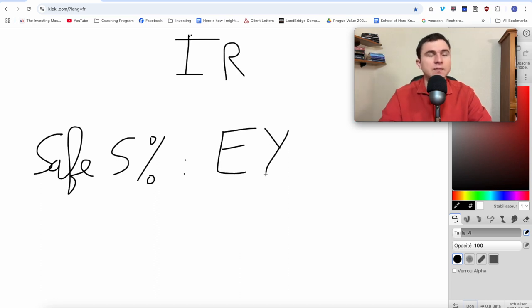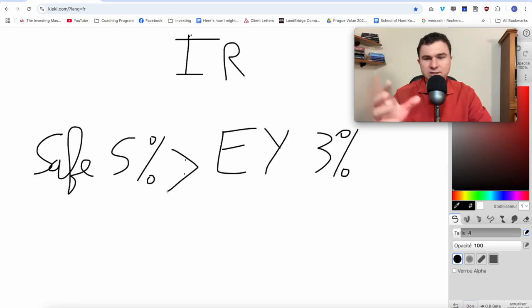Now the PE ratio for the S&P 500 is around 30. That means an earnings yield of 3%. So some people compare the safe 5% with the earnings yield of 3%. And they say, as an opportunity cost, it's better to be invested in bonds. Safe bonds, I will have 5%.